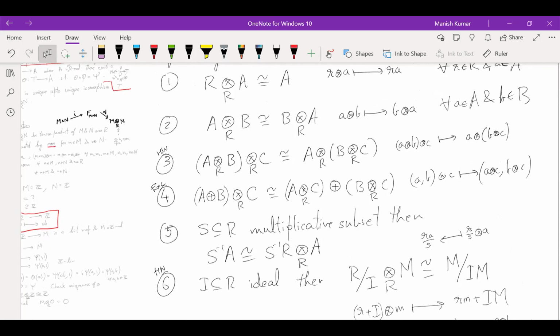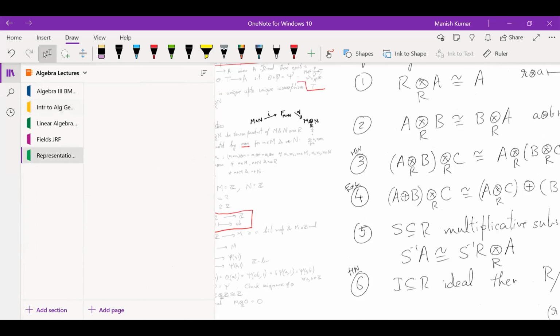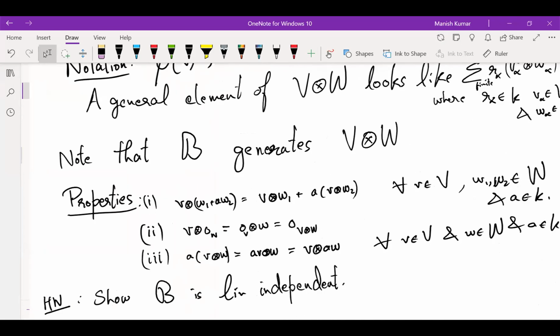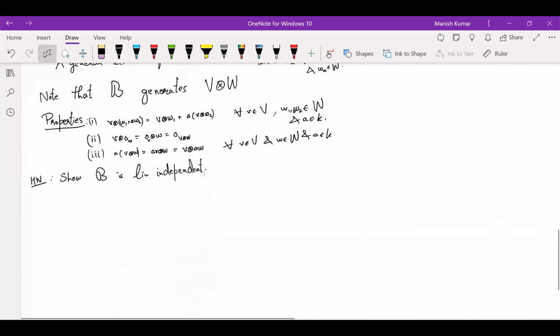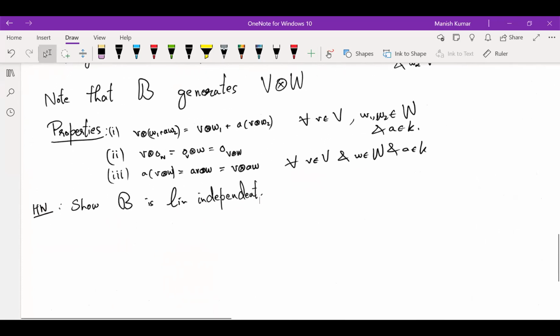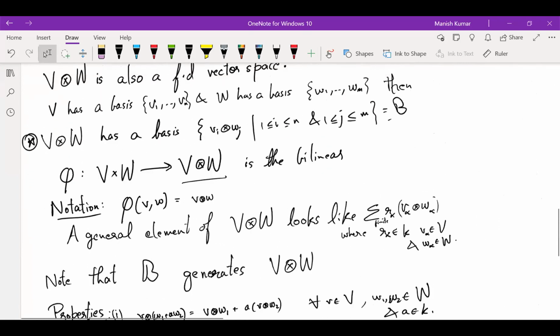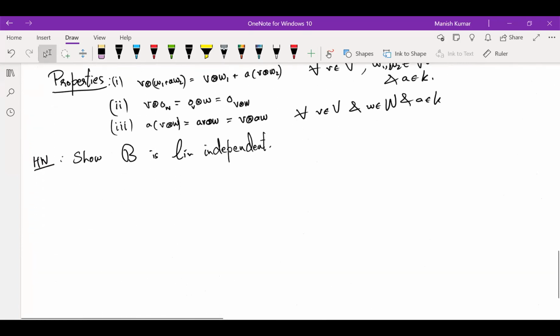So for instance, we will use this to show that V tensor W indeed has the same dimension as M times N. Let me go back here. You could try to do it directly, try to show that B is linearly independent.